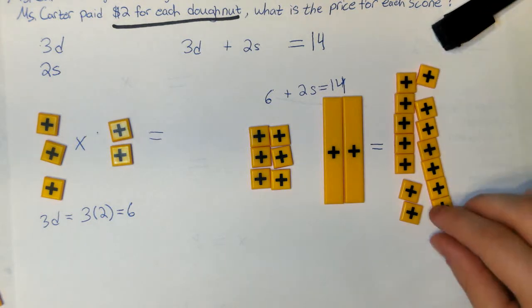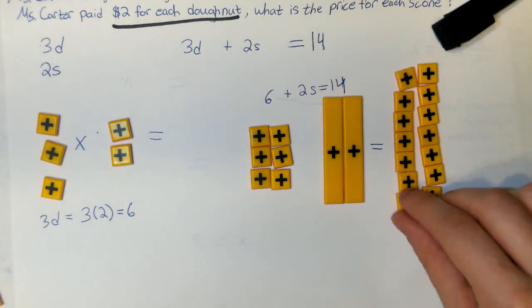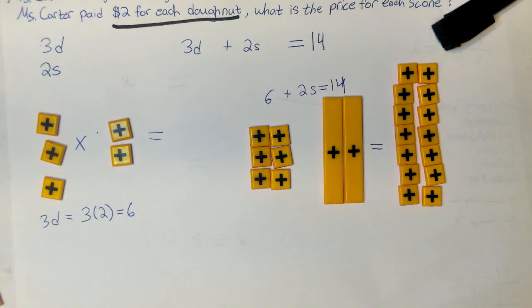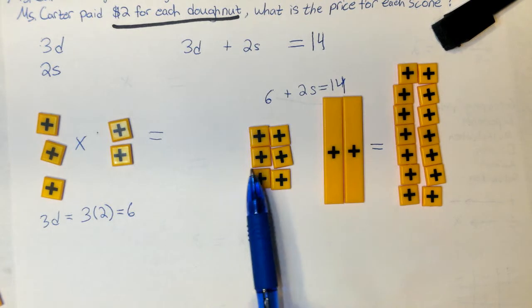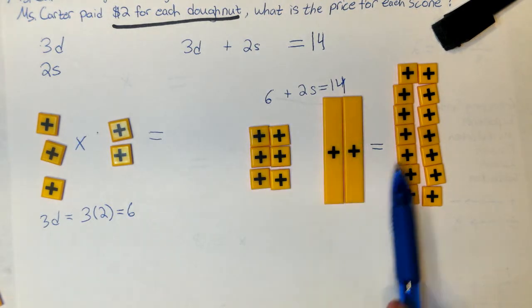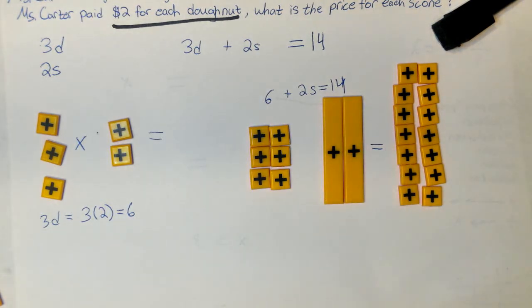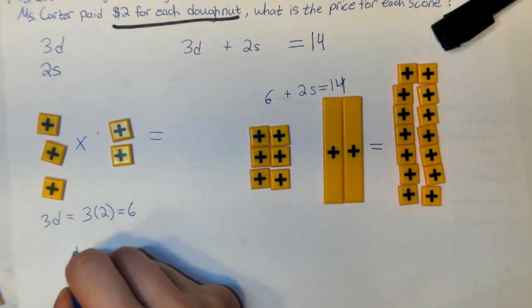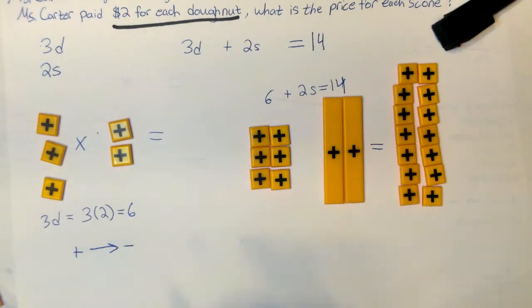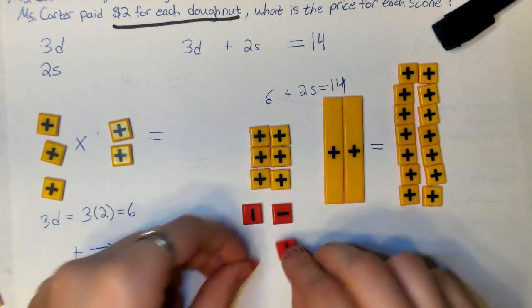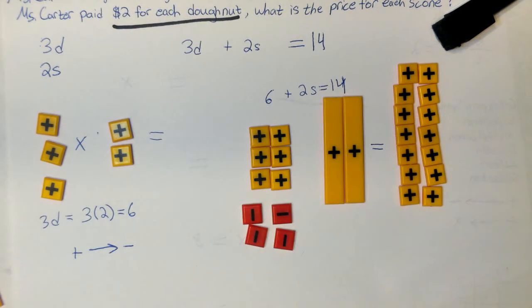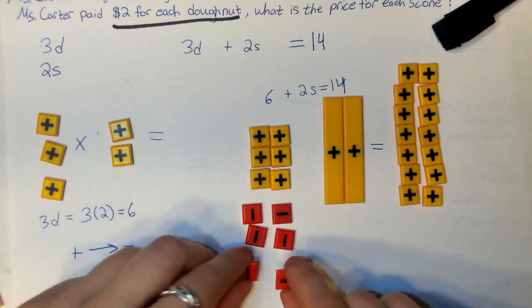Alrighty. So we have our tiles, and we have our equation. So let's solve. So we have positive 6 plus 2s is equal to 14. We get rid of this by using, remember, if we have a positive, our inverse is a negative. So we're going to subtract 6 from both sides. So 2, 4, 6.